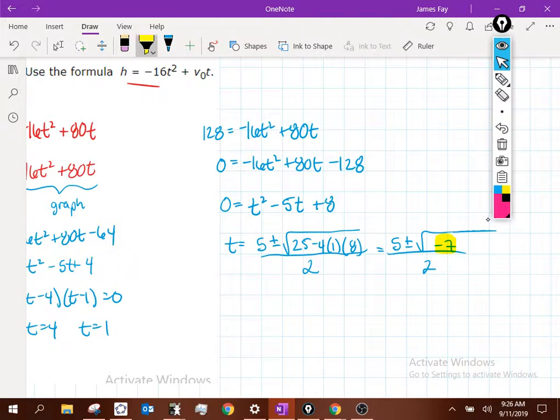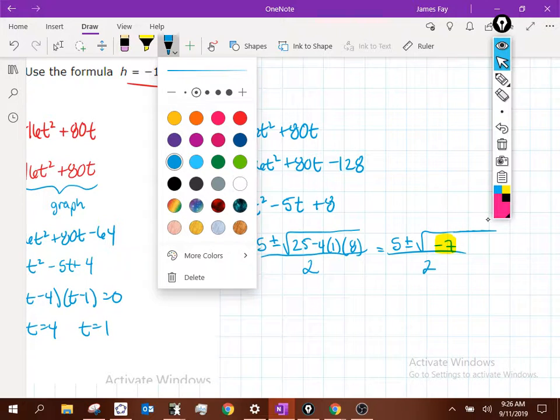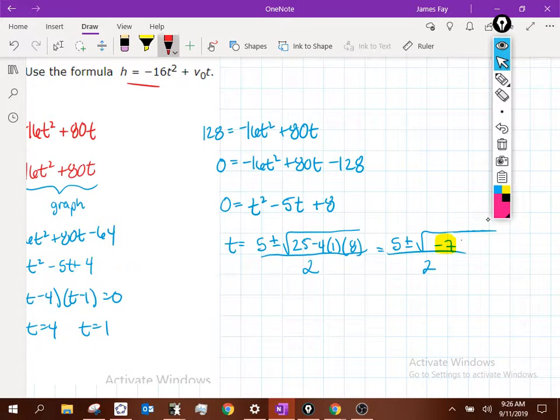That number right there is referred to as the what? Starts with a D. Discriminant. There we go. So that is the discriminant.